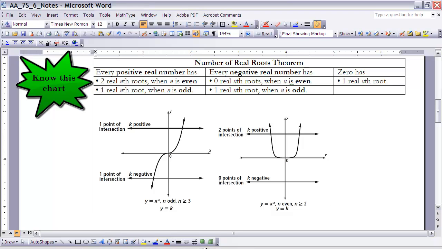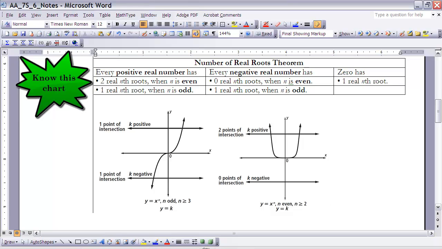Now, if it's a positive number and an odd function, it's only going to have 1 real nth root, because here's what an odd power function looks like, and you'll notice that a positive number will only intersect it 1 time.